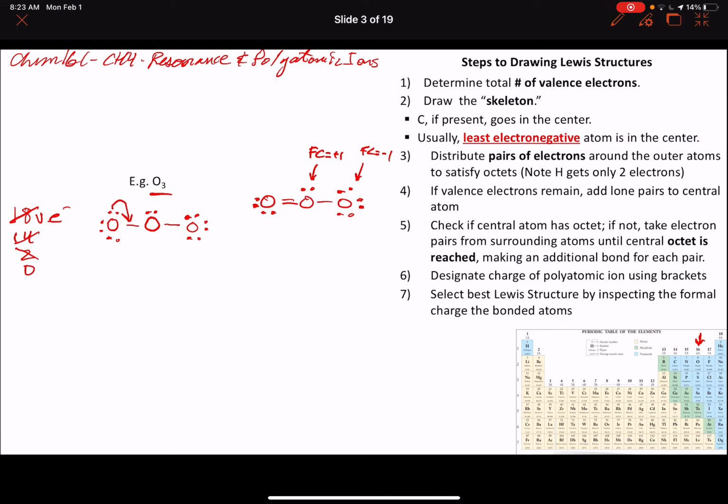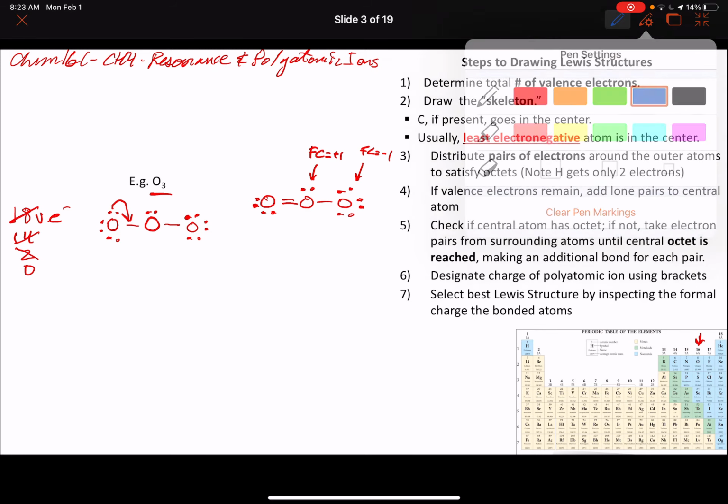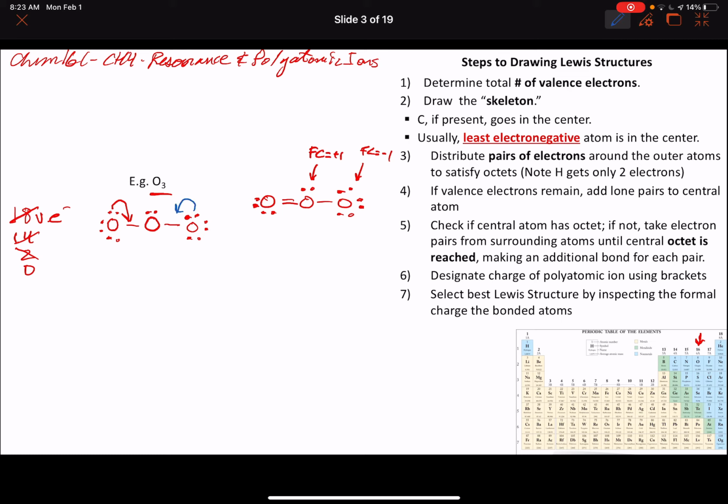The other, of course, is had we chosen to do the opposite. So what if we had chosen to borrow a pair at left instead of this? Well, that option would have looked like this, essentially the mirror image of what we have above. And as you can see, that is equally plausible.